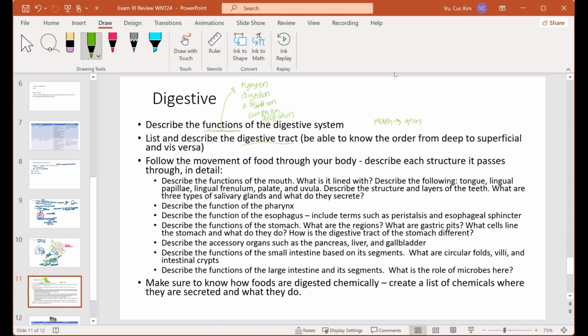So if you think about it this way, the digestive tract goes through the body. It's one continuous tube. Okay. And as the food moves through the digestive tract, is it technically in your body or is it moving through your body?